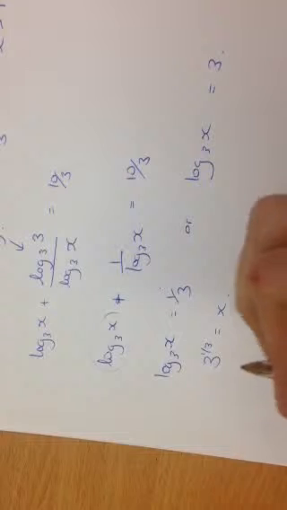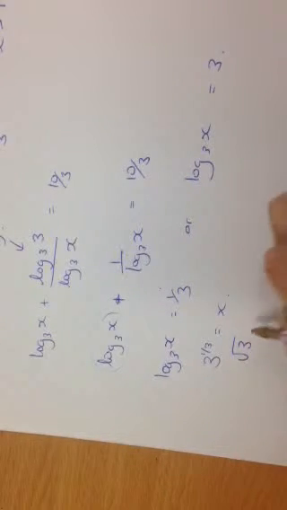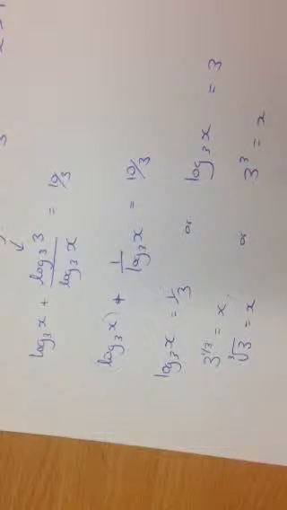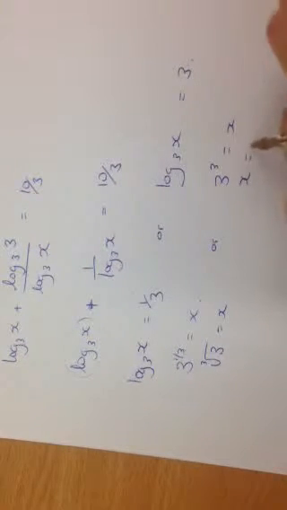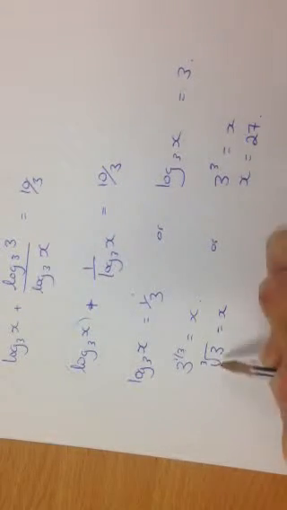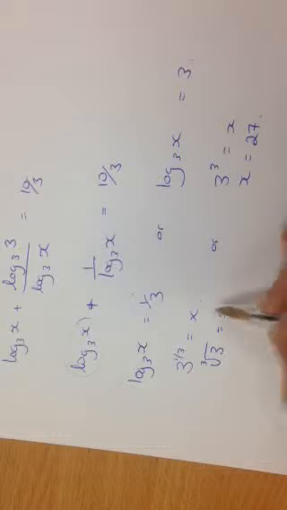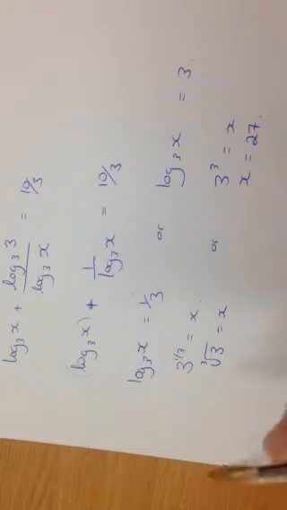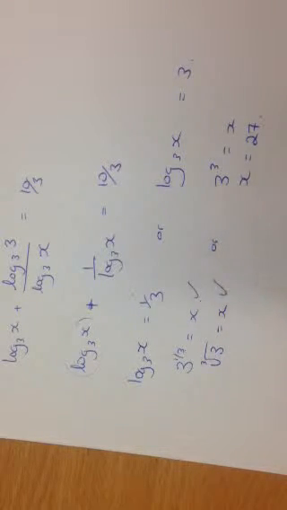So I have the cubed root of 3 is x, or 3 to the power of 3 is equal to x. So x is equal to 27. And depending on how they asked me to write this, I might round it off if they said so, but they didn't, so I can leave it just like that. Or like this would be also fine.